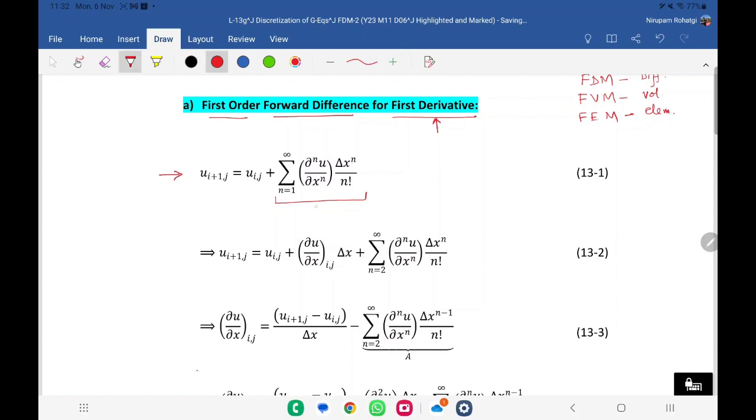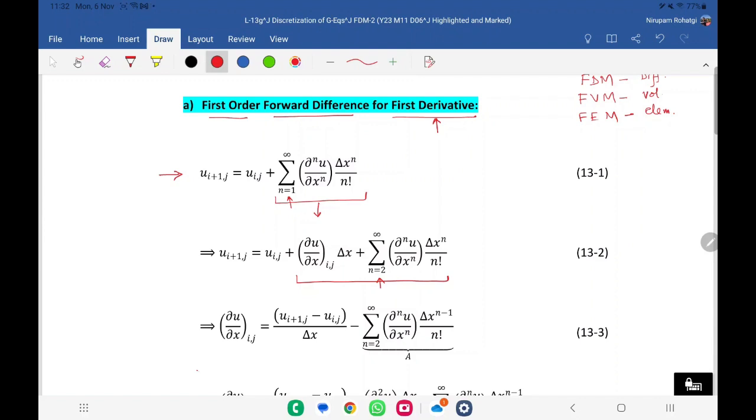Now we open this. You'll see here you are starting from n equal to 1, here you are starting from n equal to 2. So we have written the n equal to 1 term separately. That's the only thing we have done. The rest we have put in the summation sign.